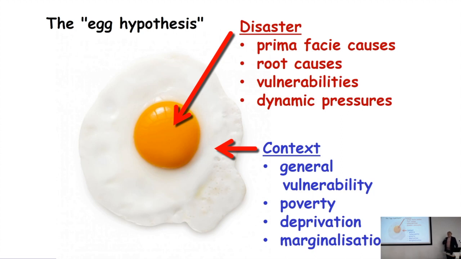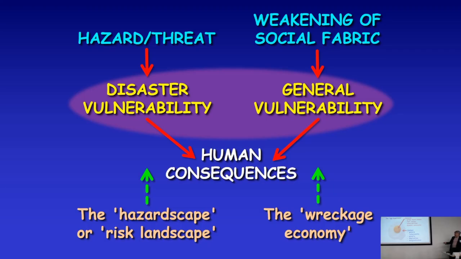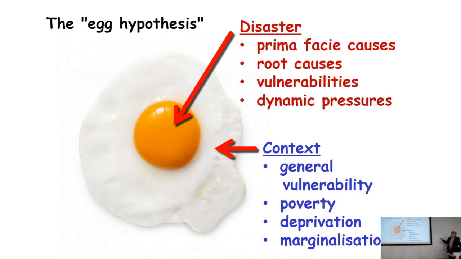So we need to understand very well what are the root causes of disaster and what are the contextual effects upon it that will change vulnerability, that will mix with vulnerability and probably increase it too. So understanding of root causes is absolutely vital, and IRDR in Beijing will tell you exactly the same thing.